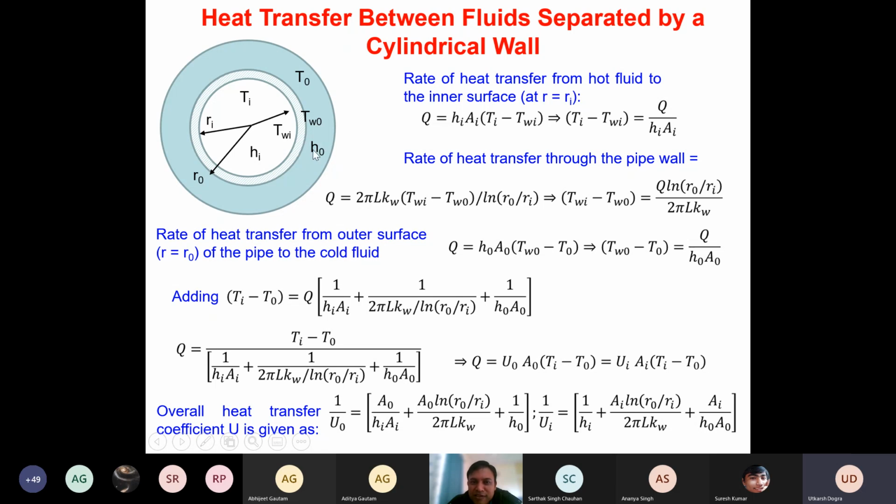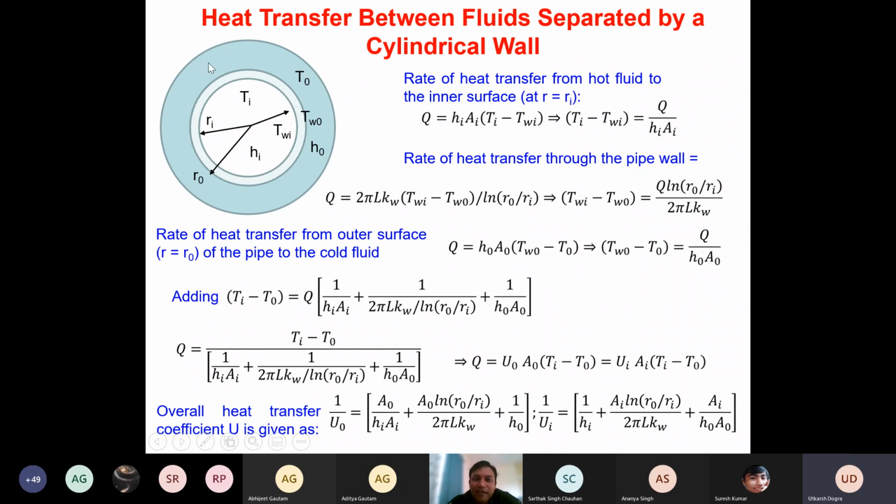Here the heat transfer coefficient is H naught. Now the bulk temperature of the inside fluid is Ti. The bulk temperature of the annular fluid is T naught. Again, on this cylindrical metal wall, the inside surface temperature is Tw1 and the outside surface temperature is Tw0. Is it clear? Yes, sir.